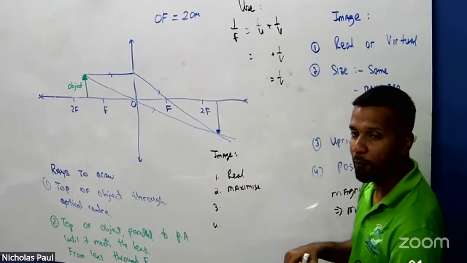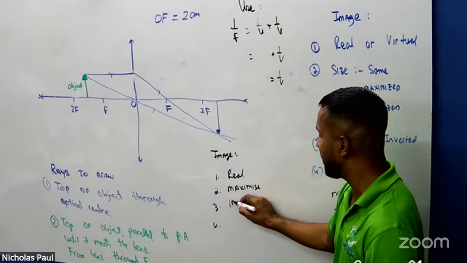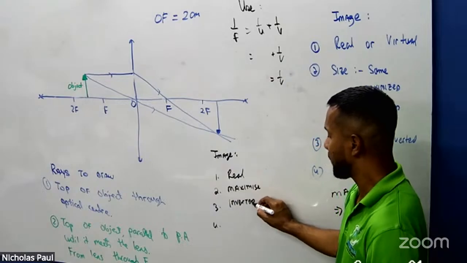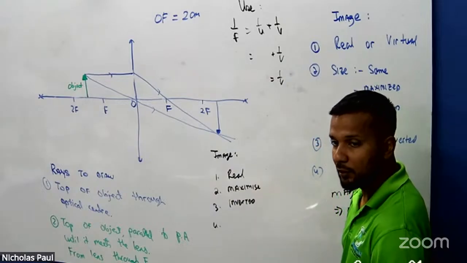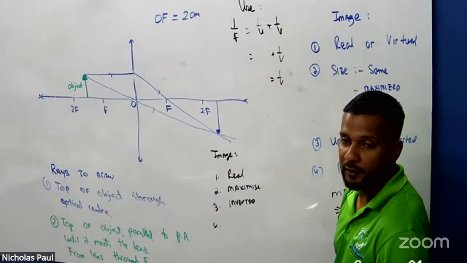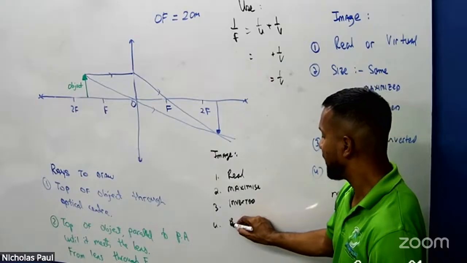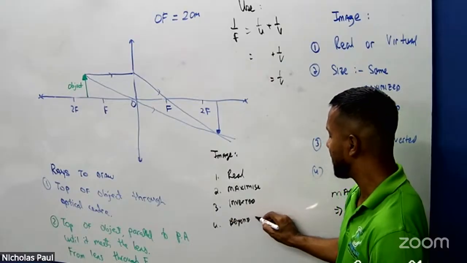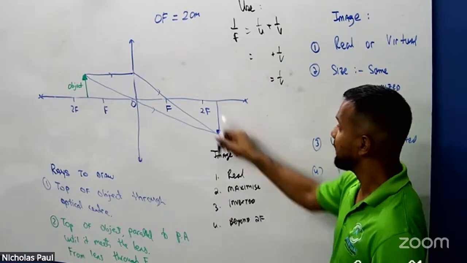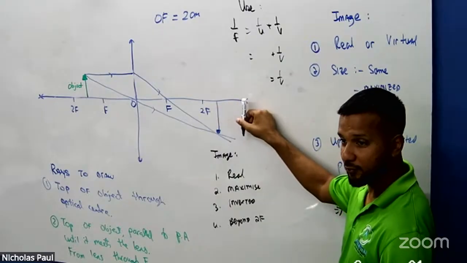Inverted or upright? Inverted. Last one, where is it? All right, good job, Nathan. So it's beyond the 2F, outside here.